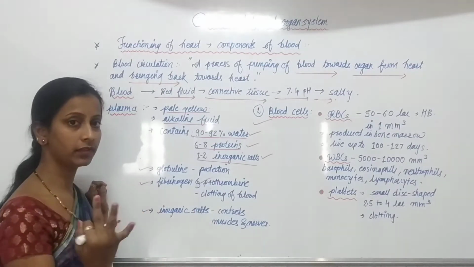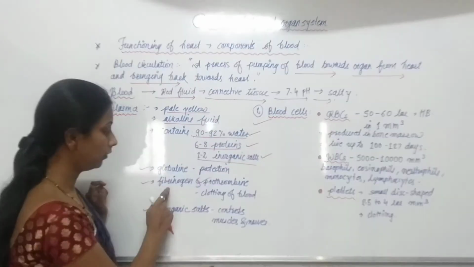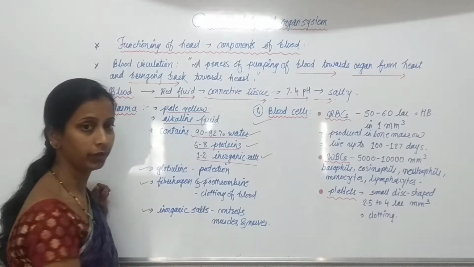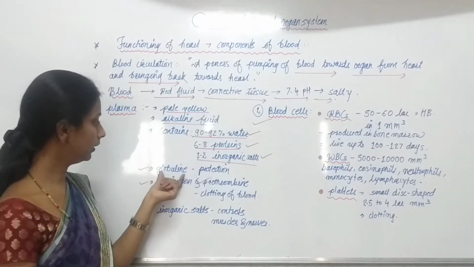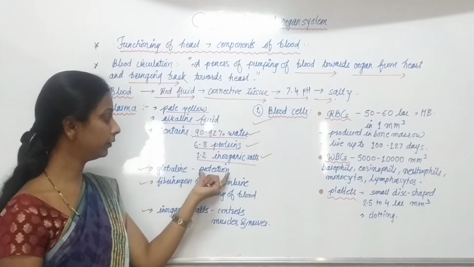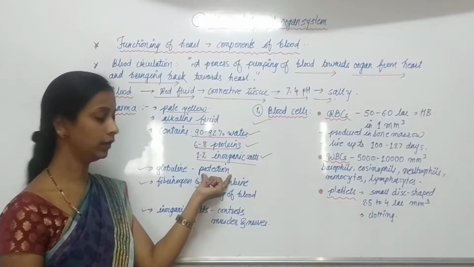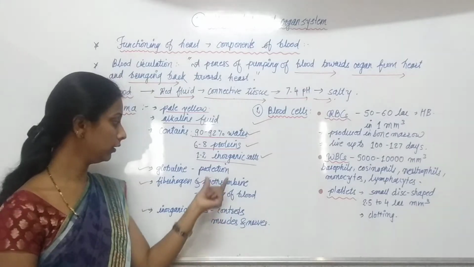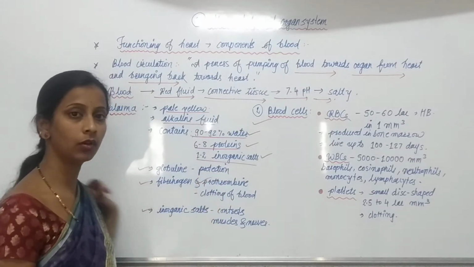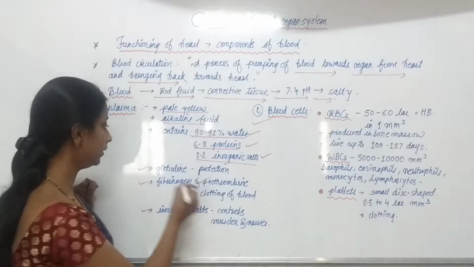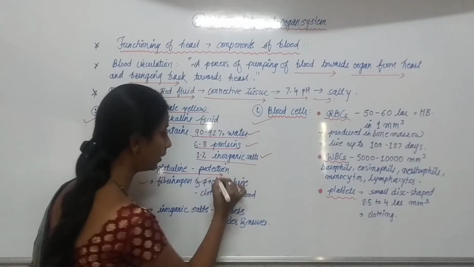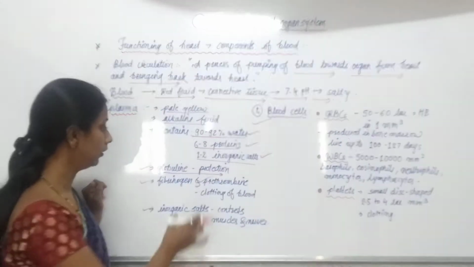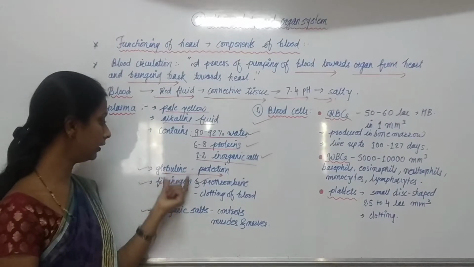Okay, so three proteins are present here: globulin, fibrinogen and prothrombin. Now, this globulin, it protects from pathogen to the blood or to the human body. Means the globulin functions as protective layer in a blood.